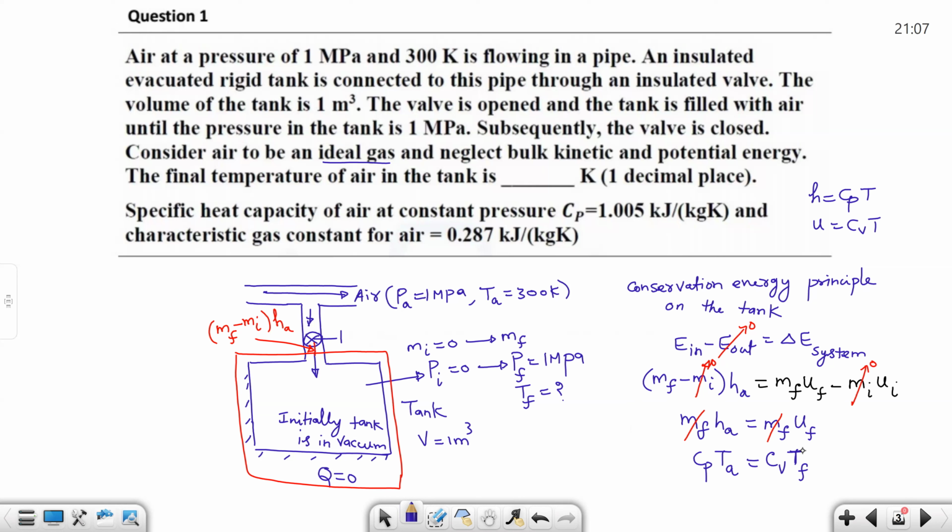We want the final temperature, so it is Cp by Cv into the temperature of air. Cp by Cv is gamma, and gamma for air is 1.4.